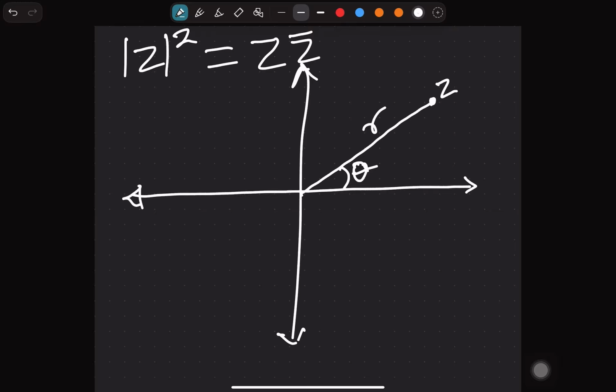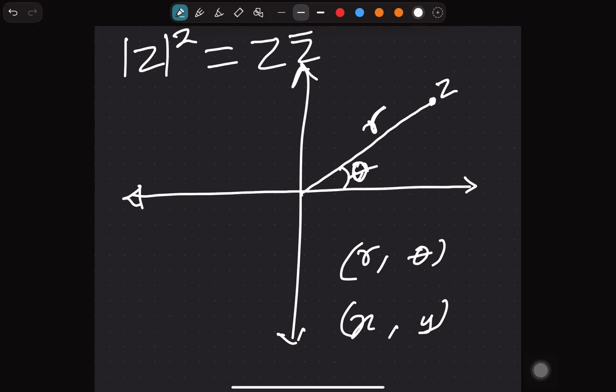Now when we know theta and r, which are the two parameters of interest in the polar representation of a complex number, we should be able to get back the individual real and imaginary components. So given r and theta, we should be able to get x and y.